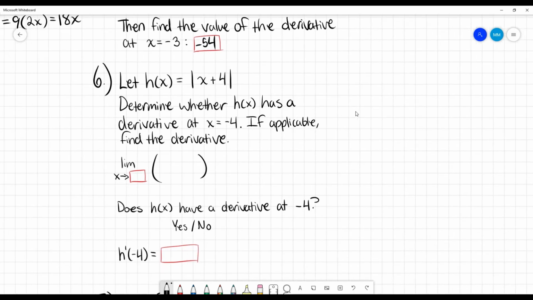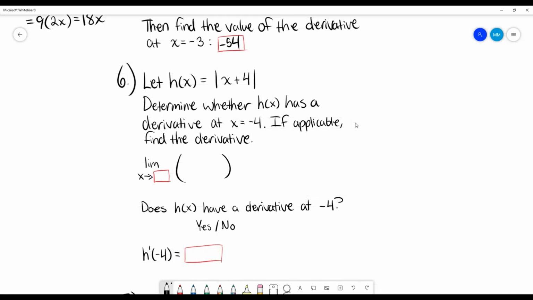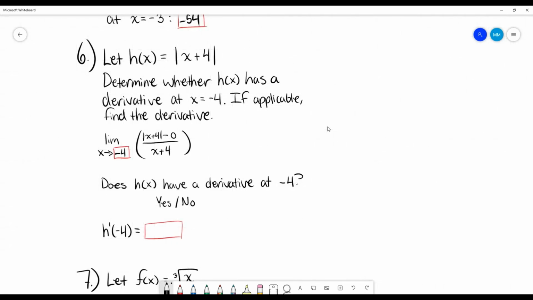Well, we can first look for the limit as x approaches -4 of the absolute value of x plus 4 minus, plugging in that -4, right? Because that's our f of a, which just gets us a 0, all over x minus -4, so x plus 4.